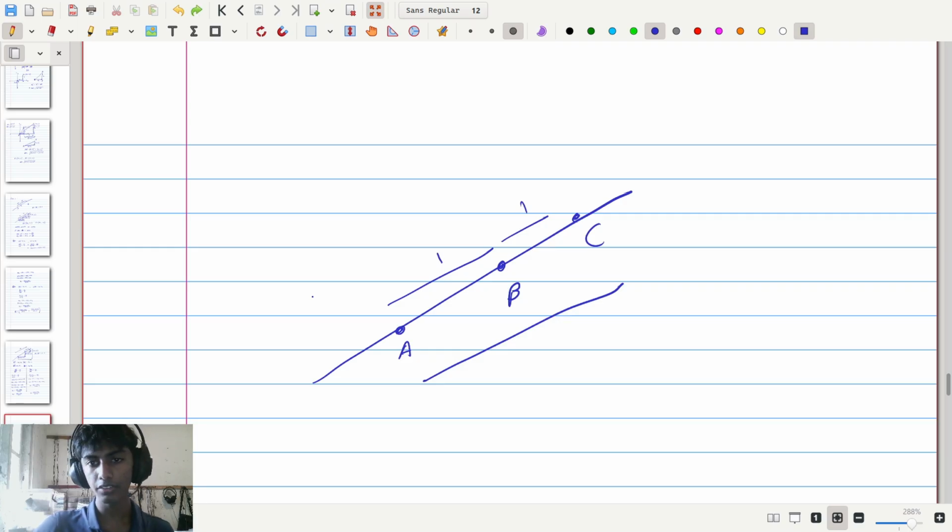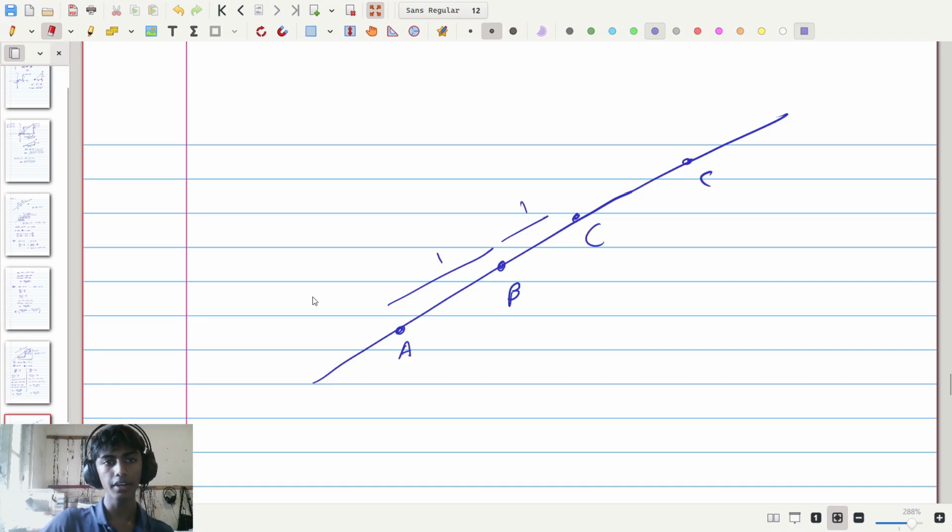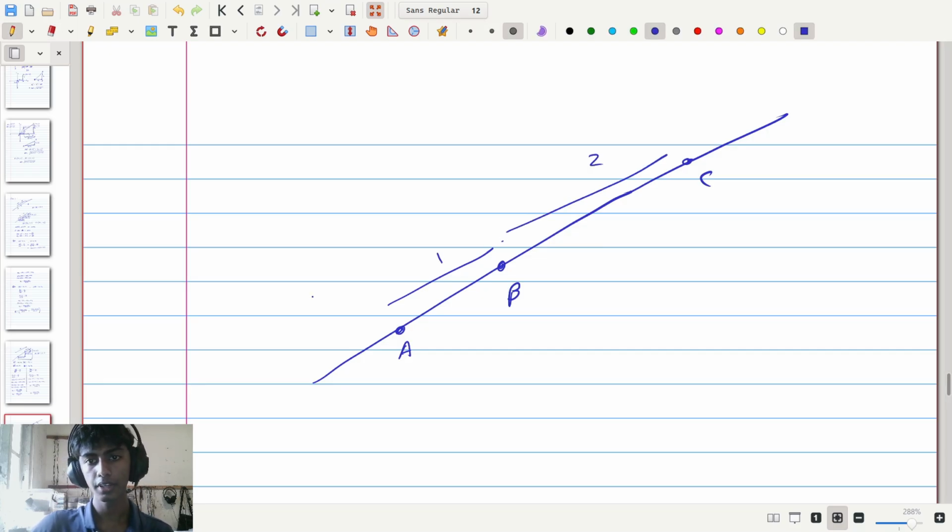If I make C double the distance away, if I draw this line, continue it, and instead mark C here, now this length BC is a distance of 2 and the length AC is a distance of 3. So the ratio AC to BC is now 3 to 2.